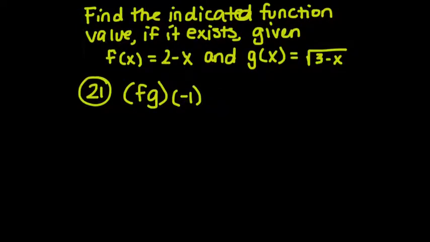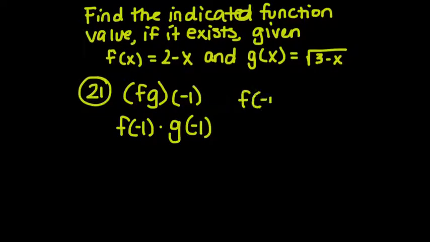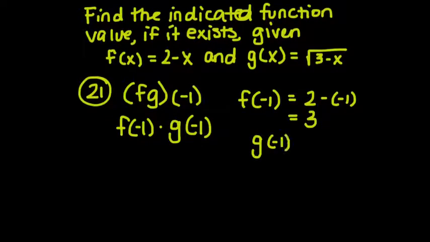This time we're asked to find f times g of negative 1, which is the same as f of negative 1 times g of negative 1. F of negative 1, using the function that we have, is 2 minus a negative 1, which is positive 3. And g of negative 1 is just the square root of 3 minus a negative 1.